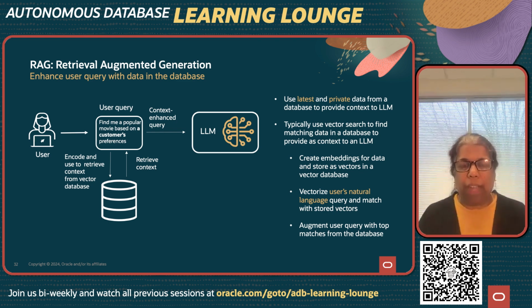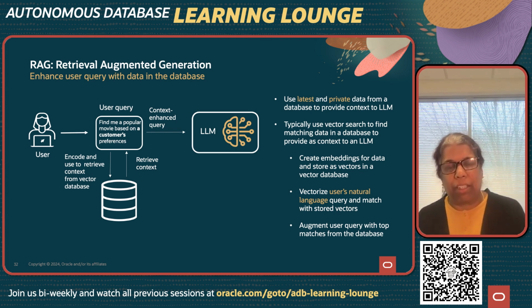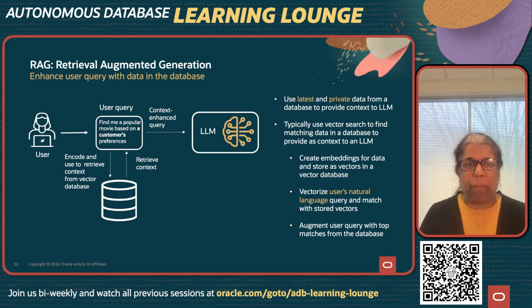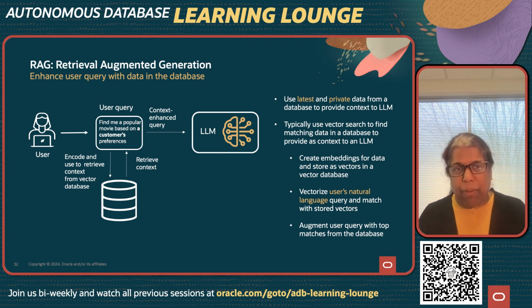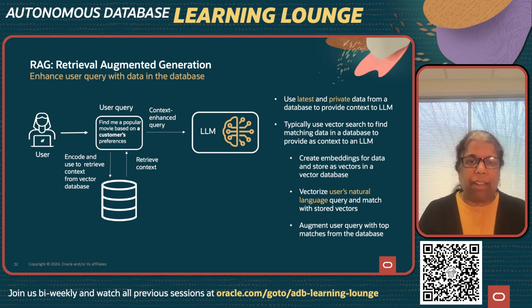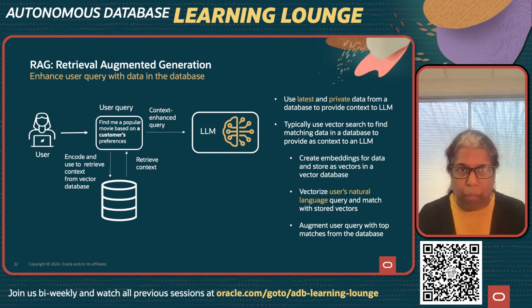That is then matched with the vector representation of data in the database, so that you retrieve the top K or top 10 or top N results. Then you use that to enhance the customer query, and you send that to the LLM. So if you're looking for a particular customer, you find the preferences for that customer from the database, and then tell the LLM, find me a movie that matches these preferences. So that's typically what happens with traditional RAG.